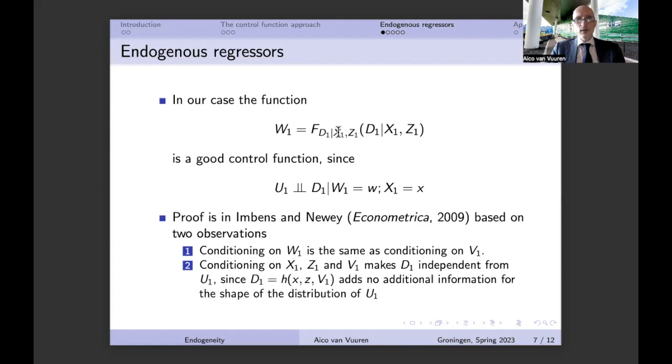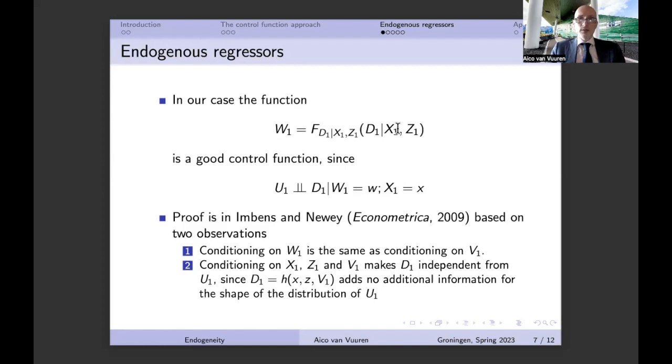This relationship holds true for the first observation that we have, but we can of course also look at W2 for the second observation. Then we simply substitute in here D2, X2 and Z2. And we can do it for any observation that we have in our data set.